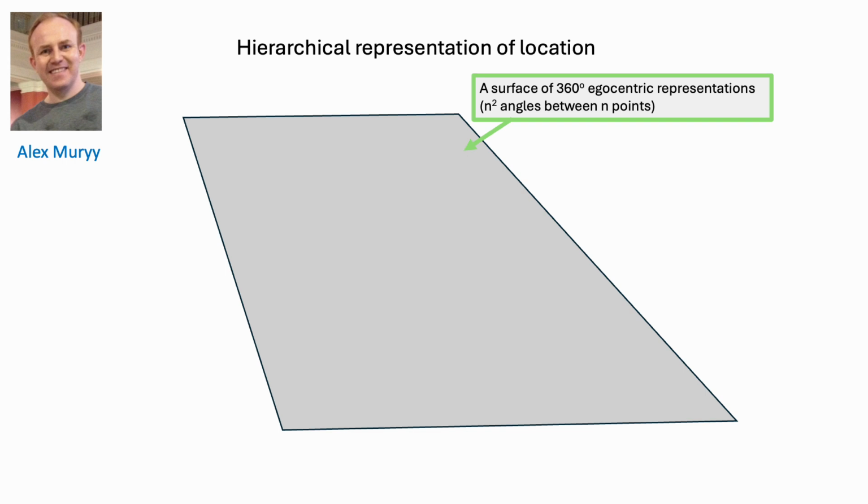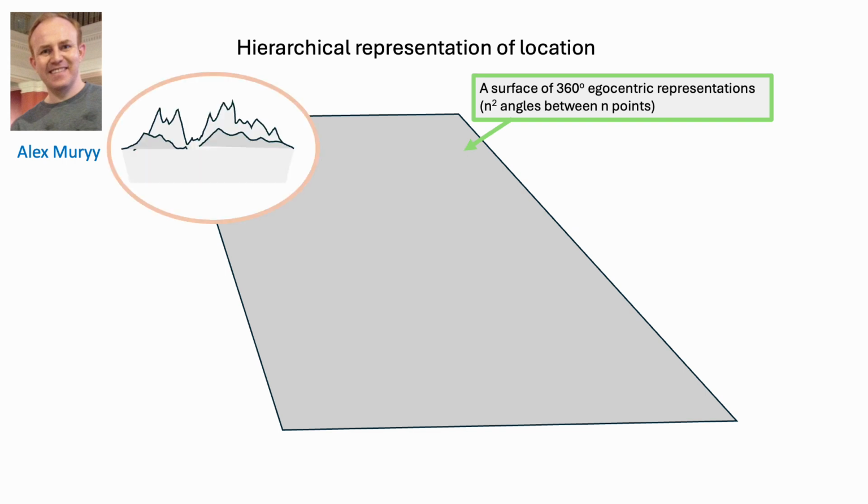One is hierarchical representation of location. Here's a part of the space that I'm now talking about. Each point on this space is an egocentric representation. It's actually just a set of angles between the points in space. If you're in a place where you could only see the mountains, then there's a large region.